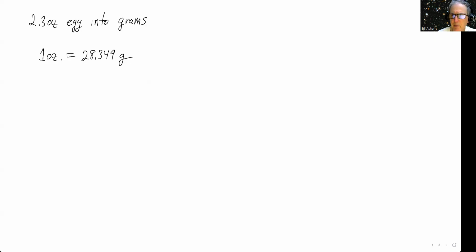That's the conversion factor I want. I guess I better check that to make sure I remember that correctly. Yep, 28.349. Okay, so now I'm going to convert ounces, 2.3 ounces. And then my conversion factor, which again is just a way of writing 1, is 28.349 grams over 1 ounce.